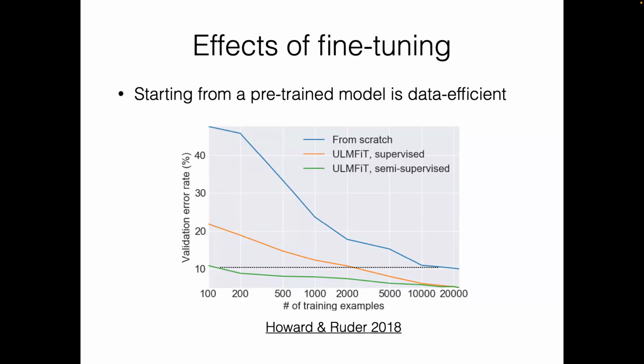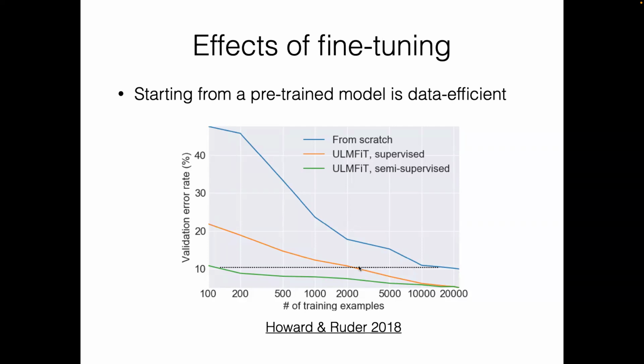What we can see here is, on the x-axis, the number of fine-tuning examples, and on the y-axis, the performance. If you train from scratch, here's your performance curve.